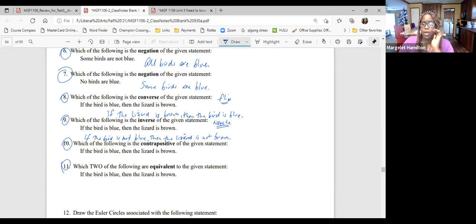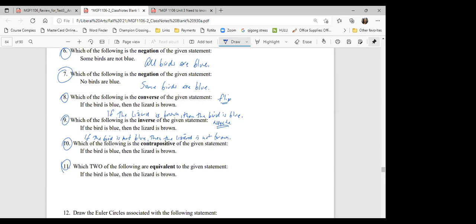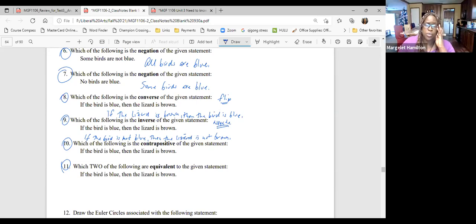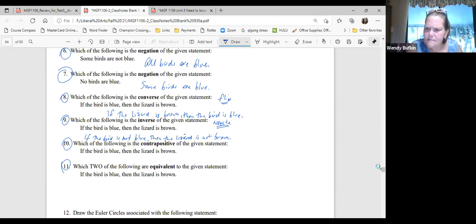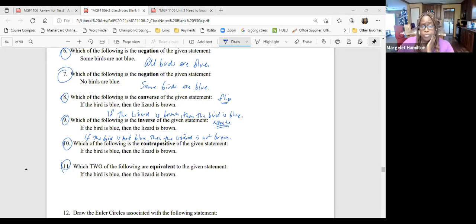Is everybody okay so far? Yes. Okay. All right. Which of the following? Okay, so we're doing the contrapositive of it. And we just said earlier that we're going to do what to find the contrapositive? Flip and negate. Okay, got to do both. So this one right here that we did the inverse, you're just going to flip it over with your invisible spatula, right?